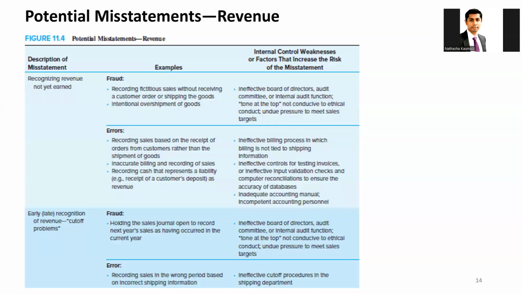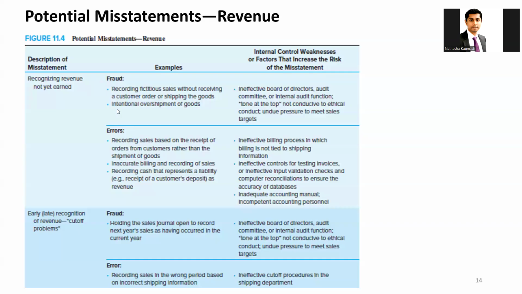Some boards of directors, audit committees, and internal auditors are very weak. They don't understand the importance of internal controls. They are not reviewing the internal controls. They don't want to implement or design good controls. They don't take it seriously. So board members don't care, the audit committee doesn't know how to do this, and the internal audit function is not doing its job properly.